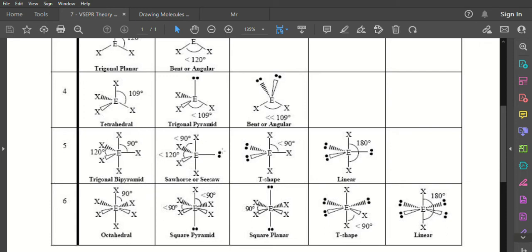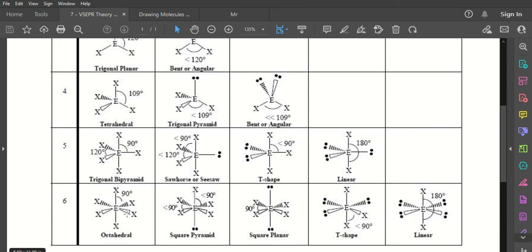We can have 1 lone pair, 2 lone pairs, 3 lone pairs, and as that happens, our names also change. So linear is easy to see. We've got 2 bonds here with 3 lone pairs. T-shaped, it's obviously written sideways, but here's kind of our capital T, and a seesaw also turned on its side, kind of like at an old school playground type thing.